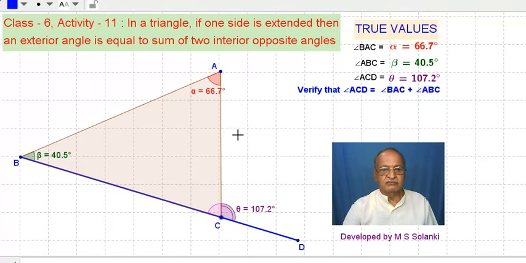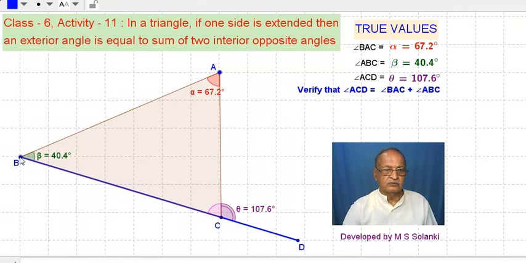You can take one place of decimal, and even then you can get that the sum of these two values is equal to this. The sum of alpha plus beta is equal to theta. The sum of angles BAC and ACB is equal to angle ACD.